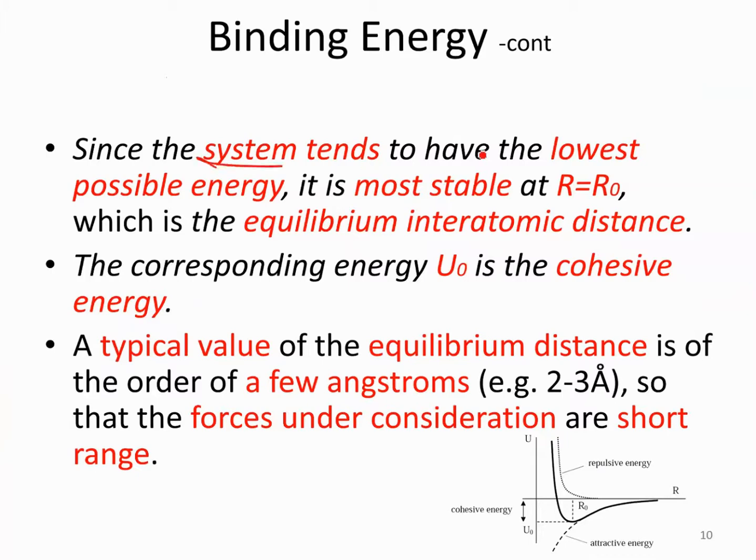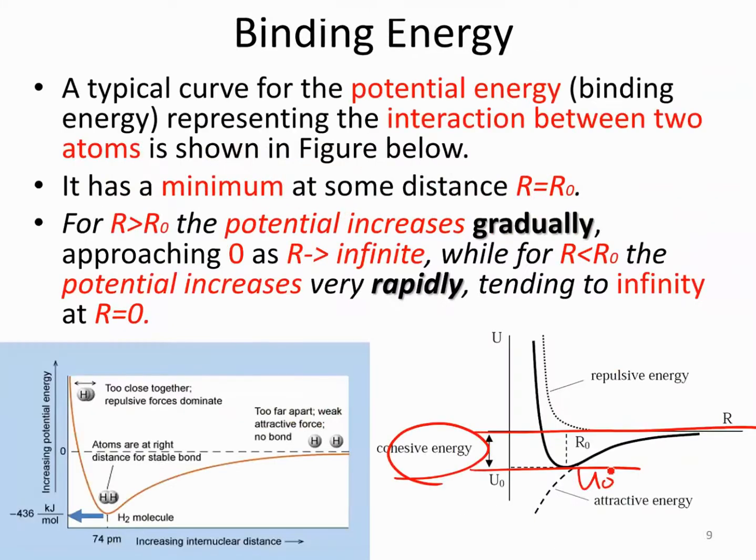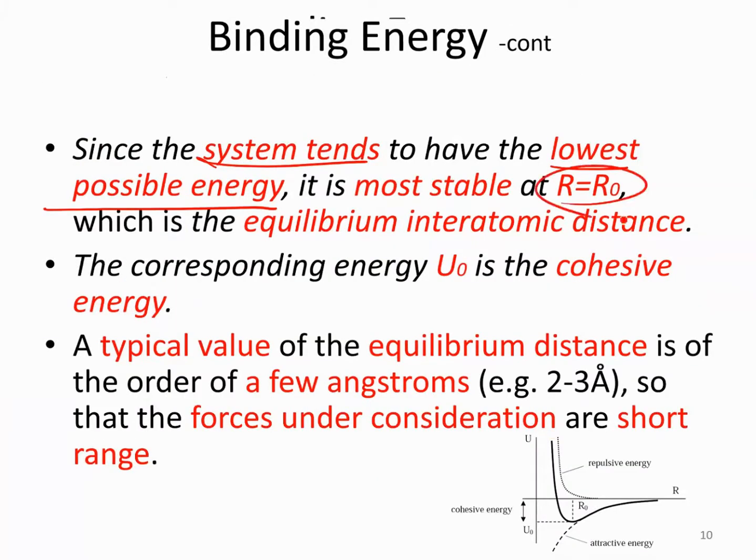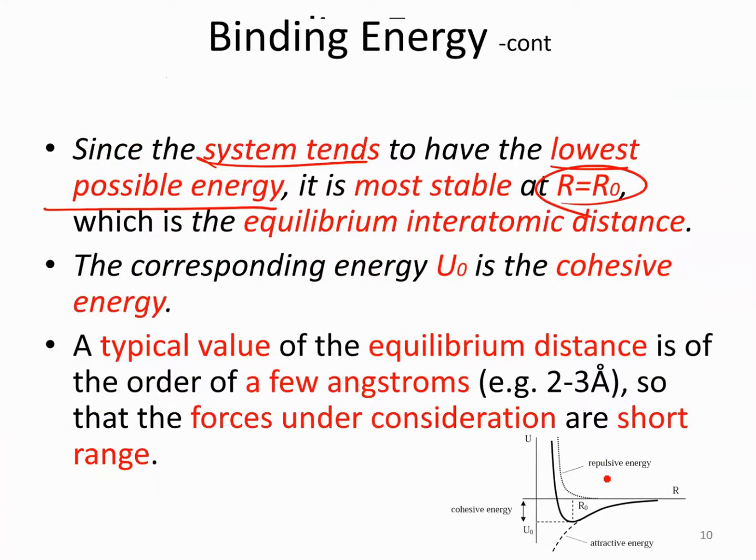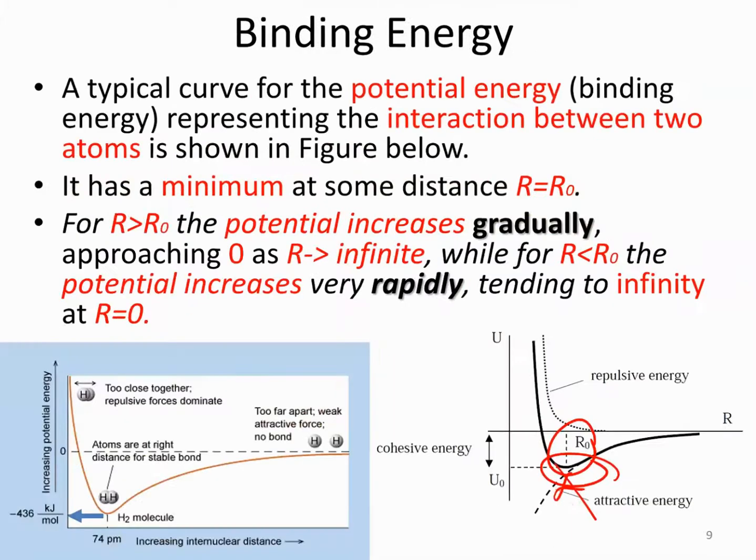So the system has the lowest possible energy at this point, u naught, when r equals r naught. Minimum energy means it's the most stable state. So the corresponding energy u naught is the cohesive energy.